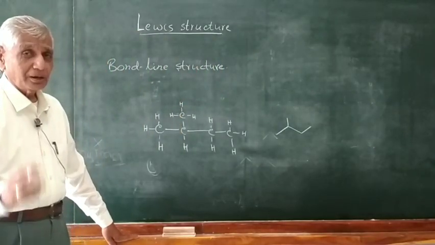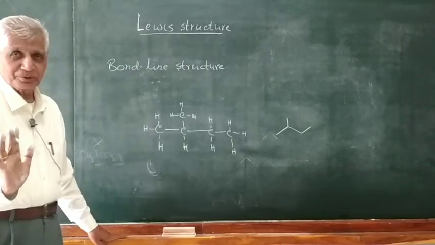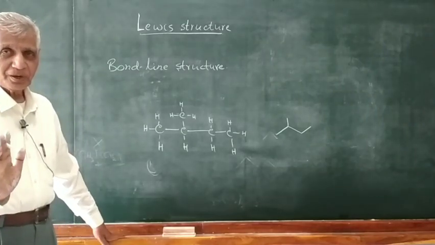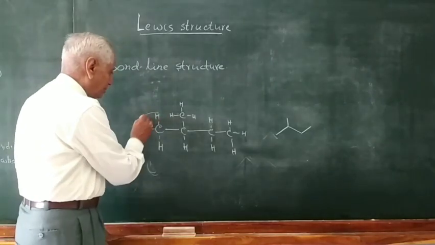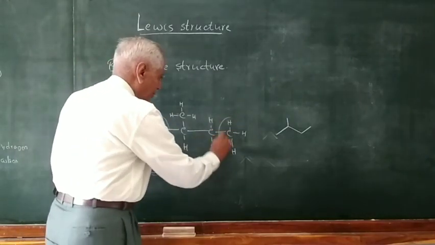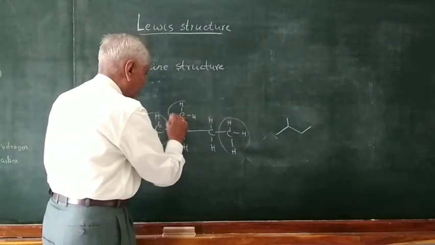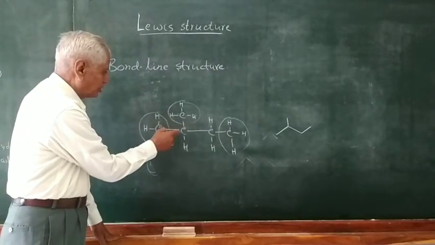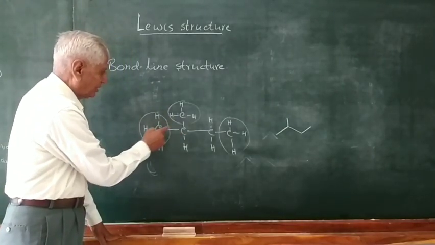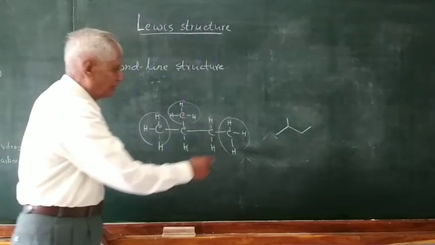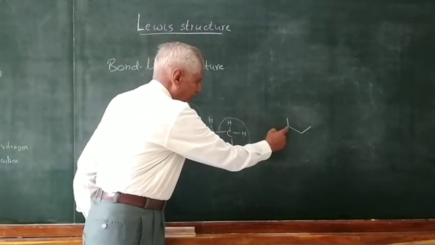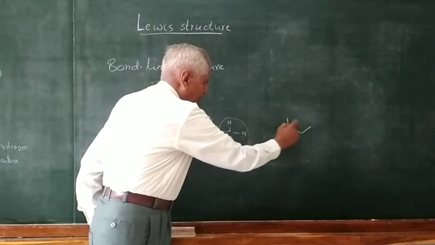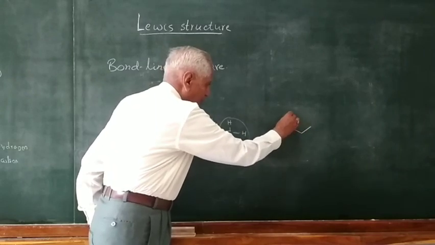There are three CH3 groups. So this CH3 is present on the second carbon. This is first, this is second, this is third and fourth. On the second carbon, the CH3 group is there.